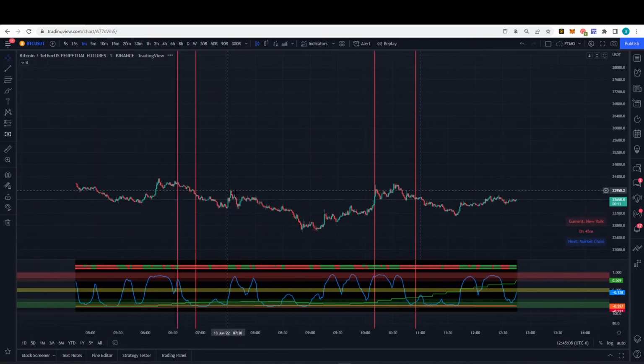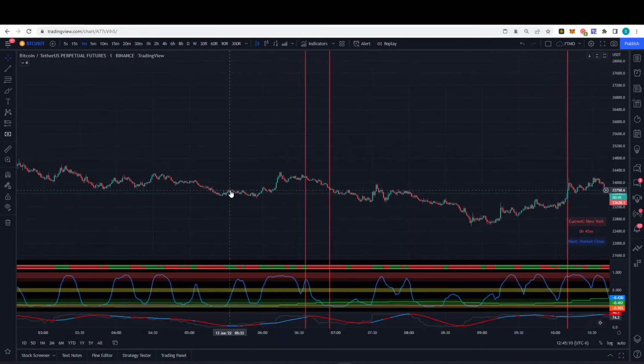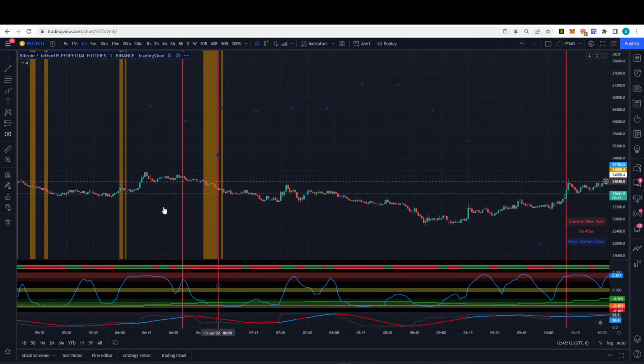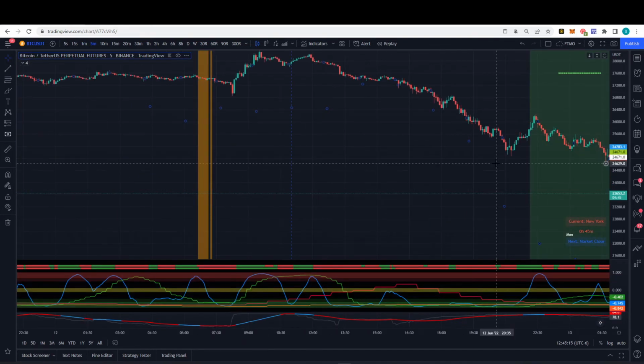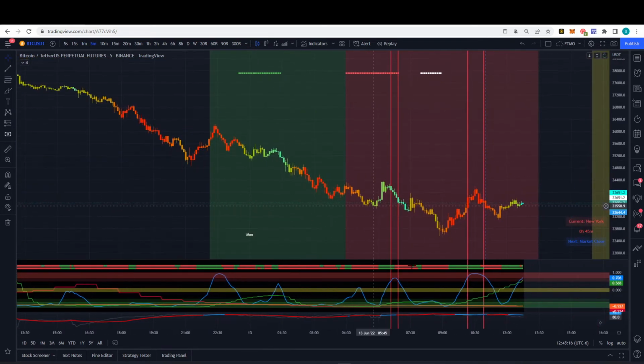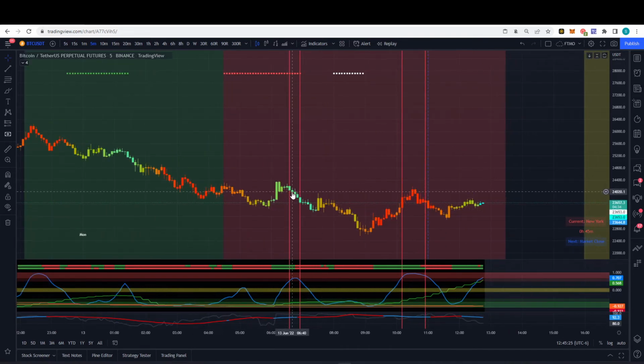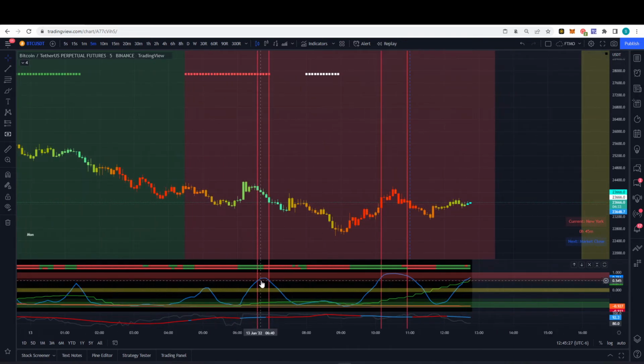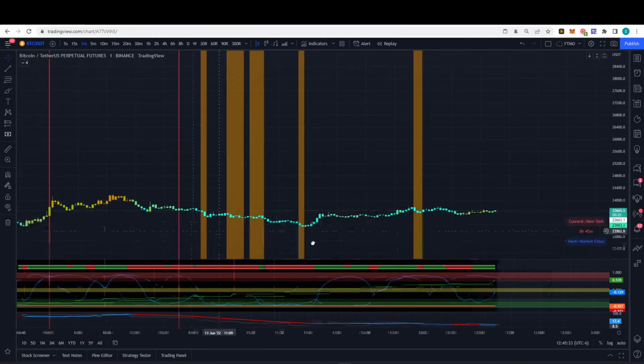Because we're proving points today. Okay, so that area that I just highlighted is that 5-minute pullback zone that we're looking at. Waves are down. We get a 5-minute pullback, which results in the local wave being inside this zone. As soon as we see that, we go down to the 1 minute.